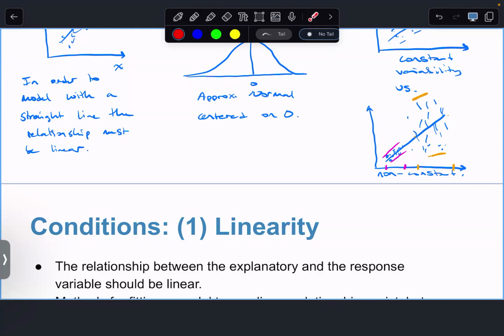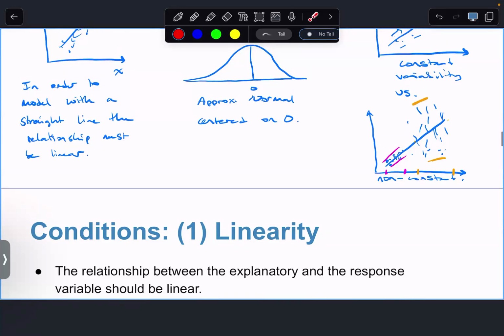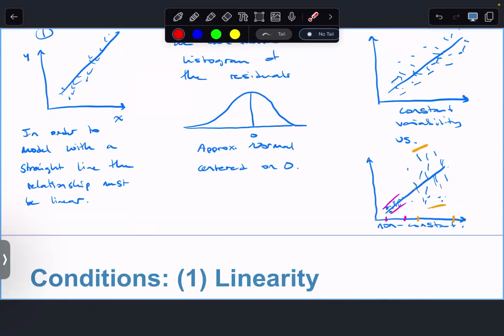Because then you would want to break it up. Okay, I've got this awesome model down here for this range of X's, and then it really clunks out for the rest of the X's, right? And so that's why we need to make sure that we have this relatively constant variability around the line.